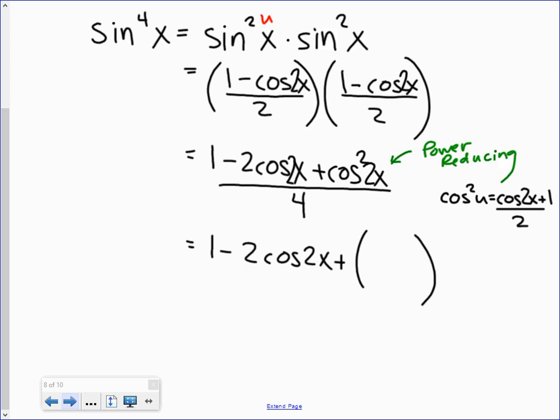What's our u now? 2x. So when I put that in, oops, this should be a u over here. When I put that in, it's going to be cosine 2 times 2x, so it's really going to be cosine 4x plus 1 over 2, all over 4.